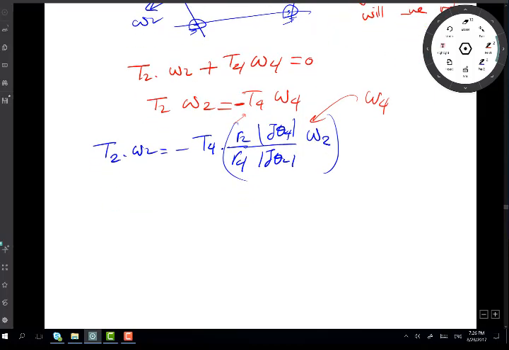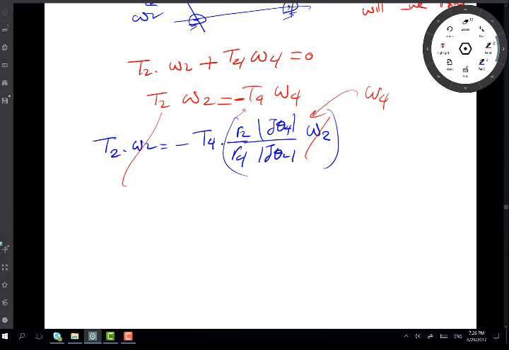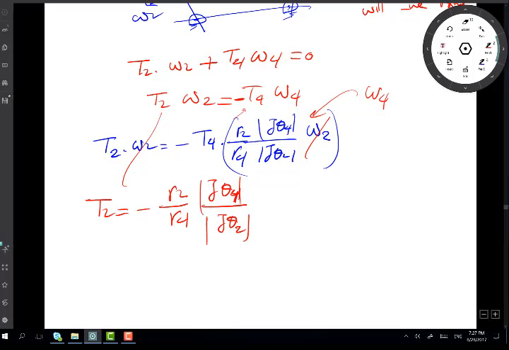You go back to this and you'll find we've got something like that. Then ω2 cancels out, as I said earlier. Normally you'll be able to cancel ω2 as a common factor, and then you have T2 equal to negative R2 over R4 J θ4, that's a Jacobian, over another Jacobian which is underneath. The one underneath is my major Jacobian. If it's 0, then the crank will stop. This then times T4.